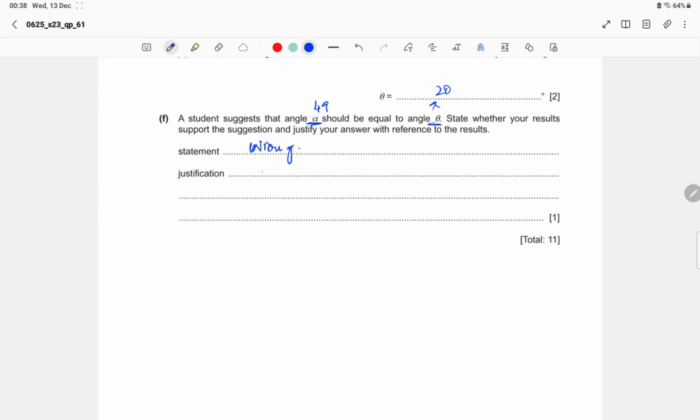And why is this wrong? There is a huge variation, or difference, between these two numbers, and you can also write that it's beyond the limit of experimental accuracy.